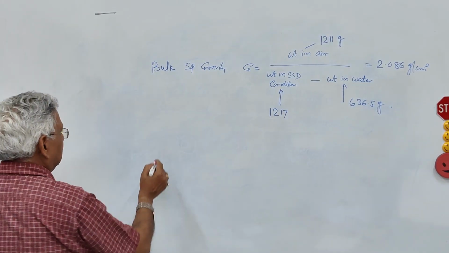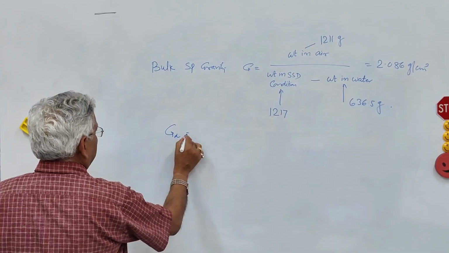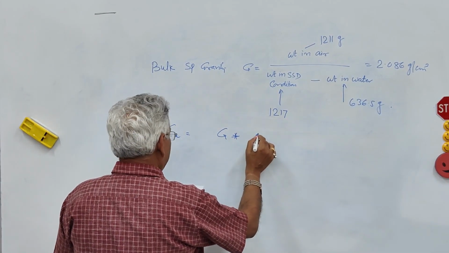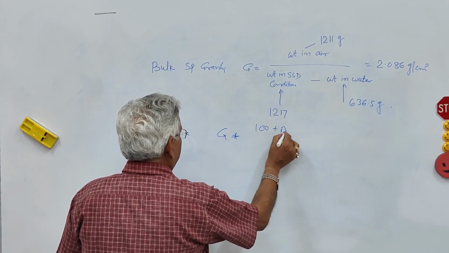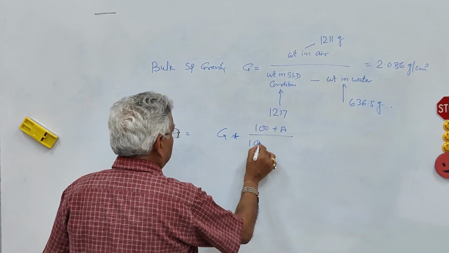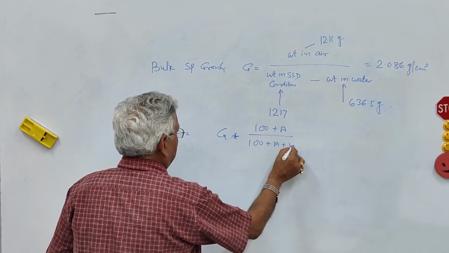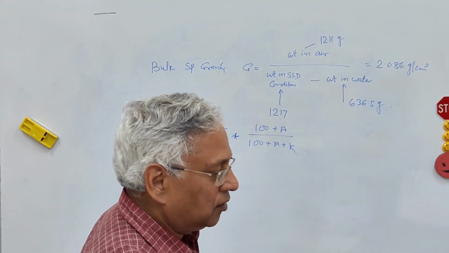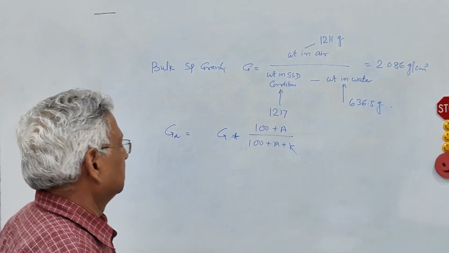Now, dry density GD is given by this equation: G is to be multiplied by a factor (100 plus A) upon (100 plus A plus K). Here A is the amount of bitumen in the emulsion.